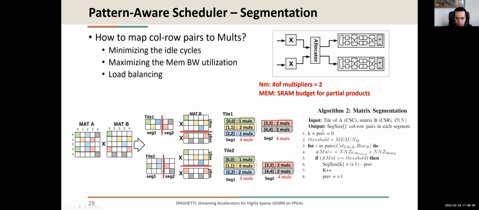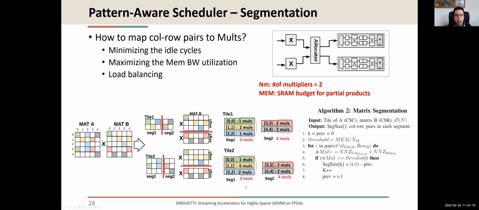So again, this is the algorithm. We can determine how many pairs of columns and rows to be sent to the first multiplier and how many to be sent to the second multiplier. And we can do this for every tile. So we can do the same thing in tile 2. In tile 2, the result would be not exactly the same, but almost the same.